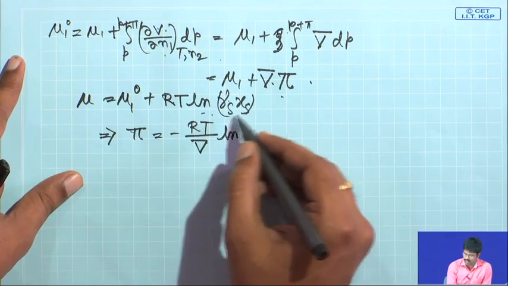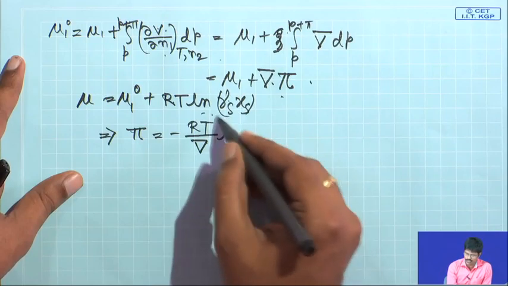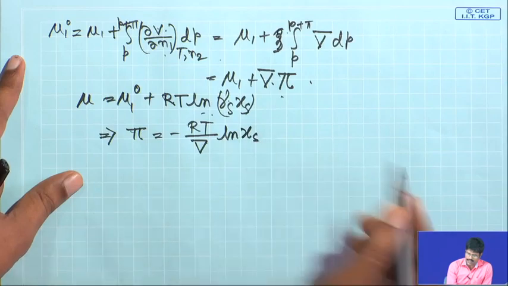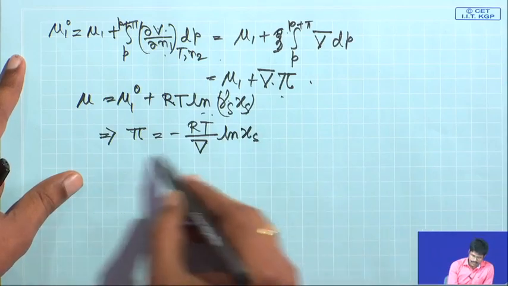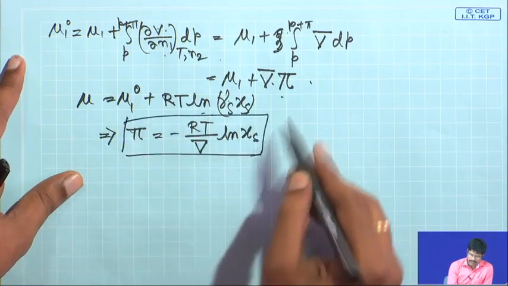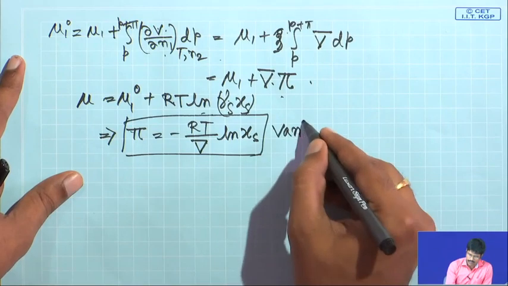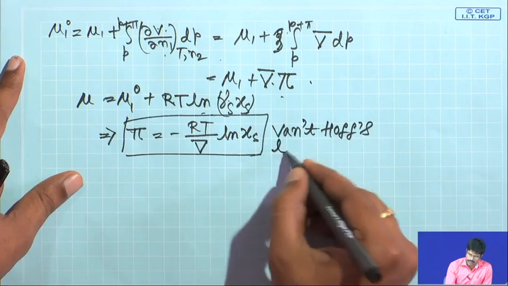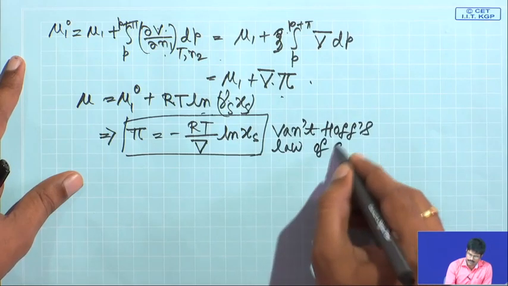Now, for a very dilute solution, the activity coefficient gamma is close to 1, so this becomes ln x s. Basically, this is nothing but Van 't Hoff's law of osmotic pressure.